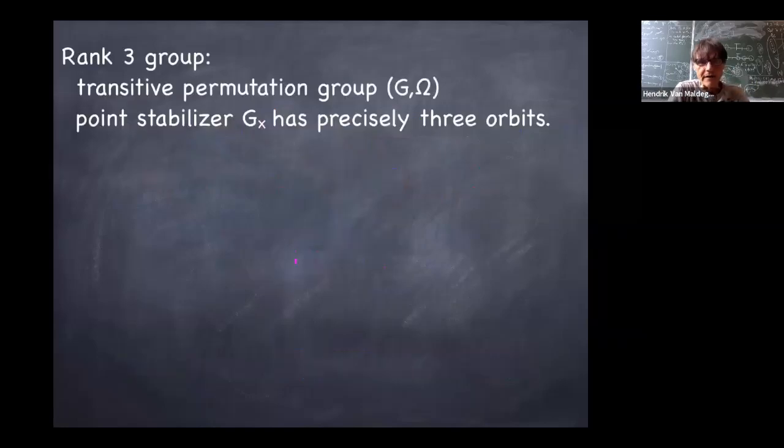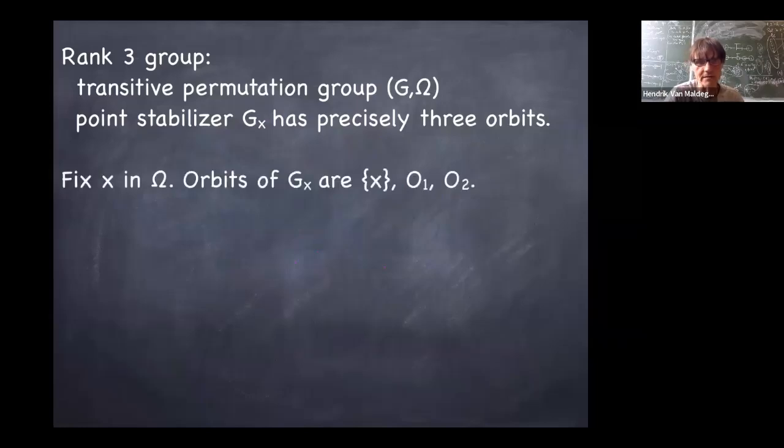So first, a rank 3 graph. What must we have with a rank 3 graph? It's a rank 3 group, that's a transitive permutation group G acting on a set omega, and we ask that the point stabilizer of any element x of omega has precisely 3 orbits, and these 3 orbits, of course, include x itself. So if you fix x in omega, then the orbits are x and then O1, O2.